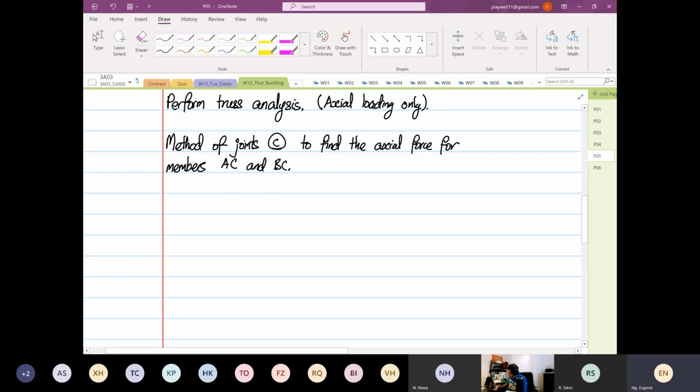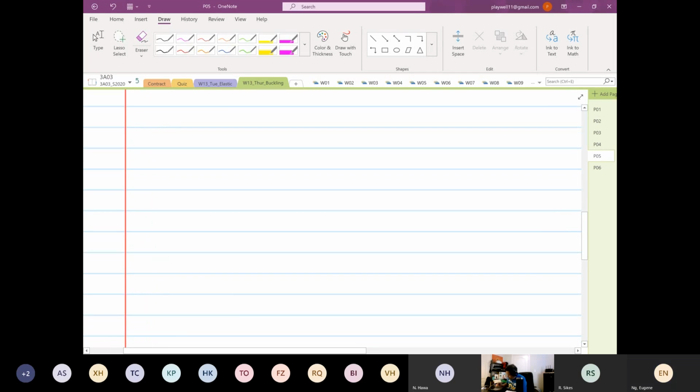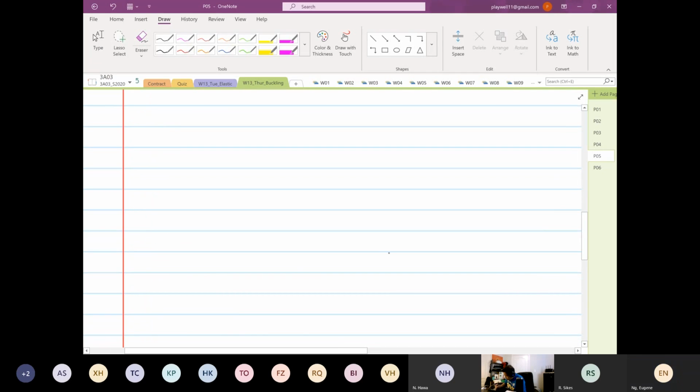Okay, so I'm going to draw a point. So this is a point down here, and this point is known as our point C, and then we have a load coming down, which is 250 times 10 to the power 3 Newton. Okay, so this is given in the question.